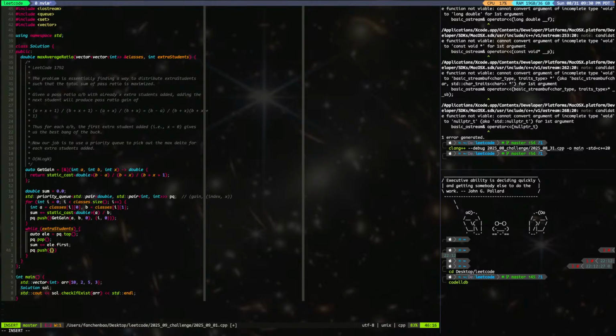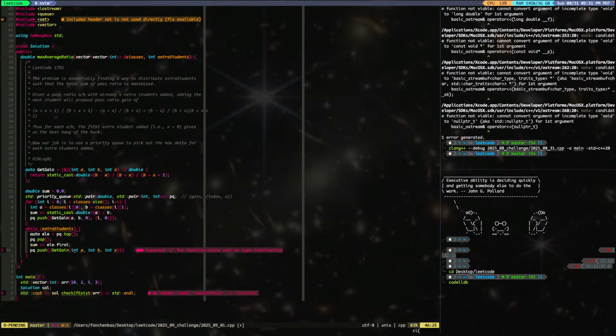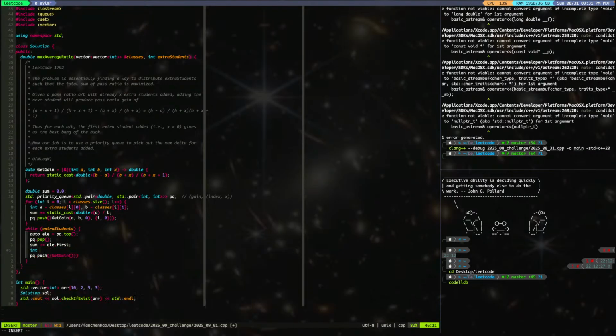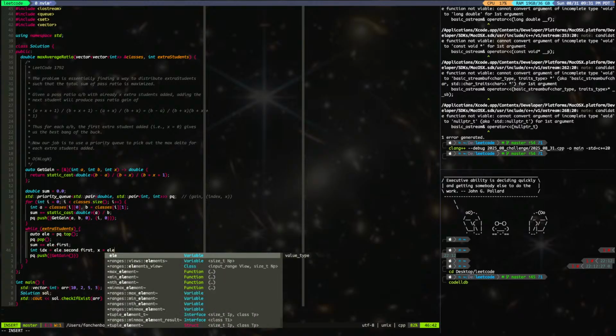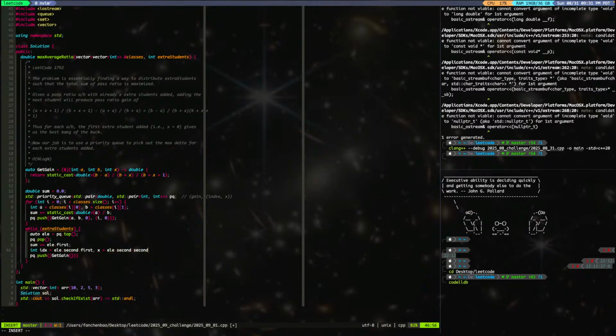We need getGain again, a, b. So we have int index equal to element.second.first, and then x equal to element.second.second.